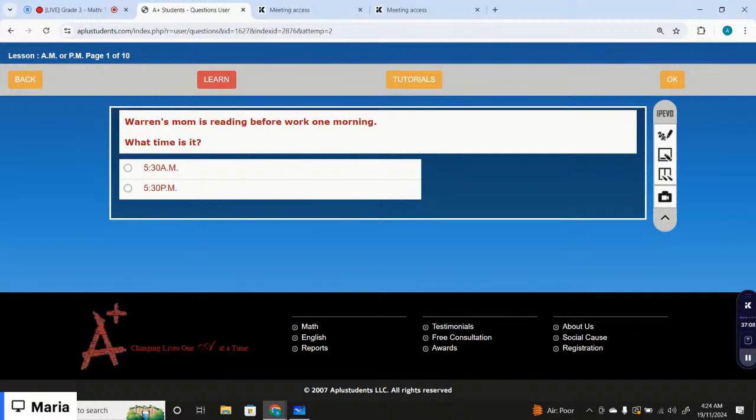What time is it? Before work, so that would be 5:30 a.m., right? The correct option is option number 1, that is 5:30 a.m. Option number 1 is the correct option.